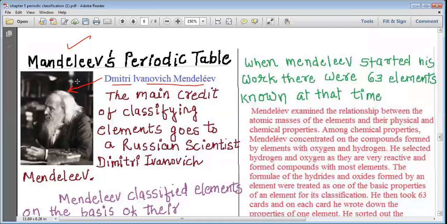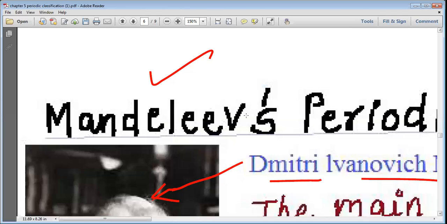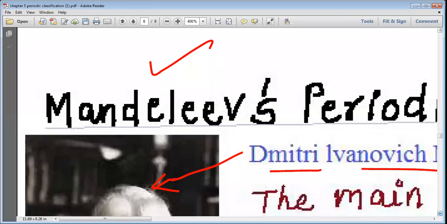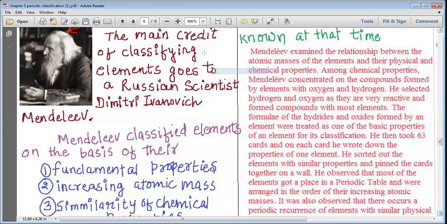This scientist discovered the periodic table, and he is considered the father of the periodic table because his work was considered the most important work for the development of the periodic table. So now we are going to study the periodic table which was given by the great scientist Dmitry Ivanovich Mendeleev.